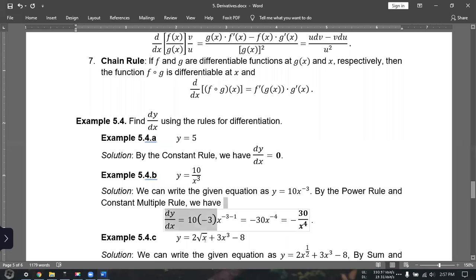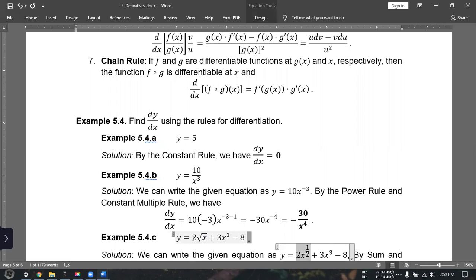For example, we have 2 square root of x here, which can also be written as 2x raised to 1 half, where 1 is the exponent of the radicand x, and 2 here is the index of the radical. This is square. 2 there.